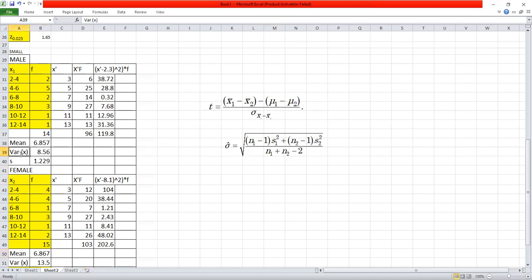S1 squared is here. S1 squared is this variance, the variance here of the first one. And the variance here of the second one is 6 point what? 6.9.